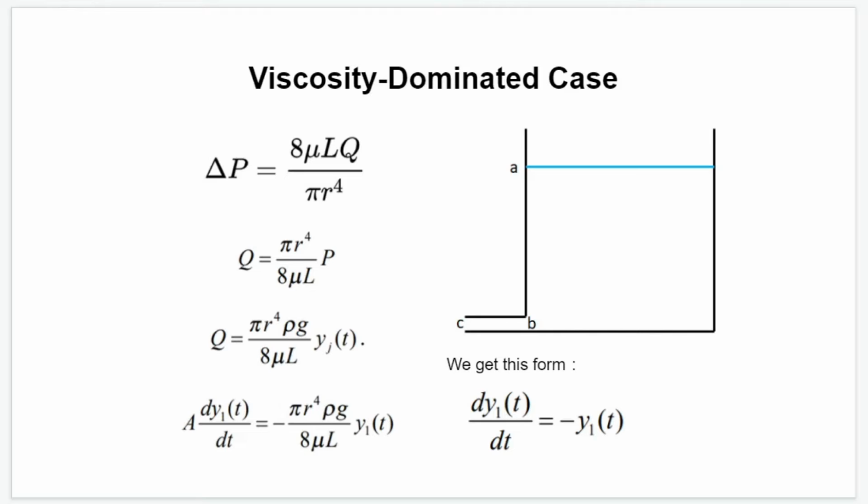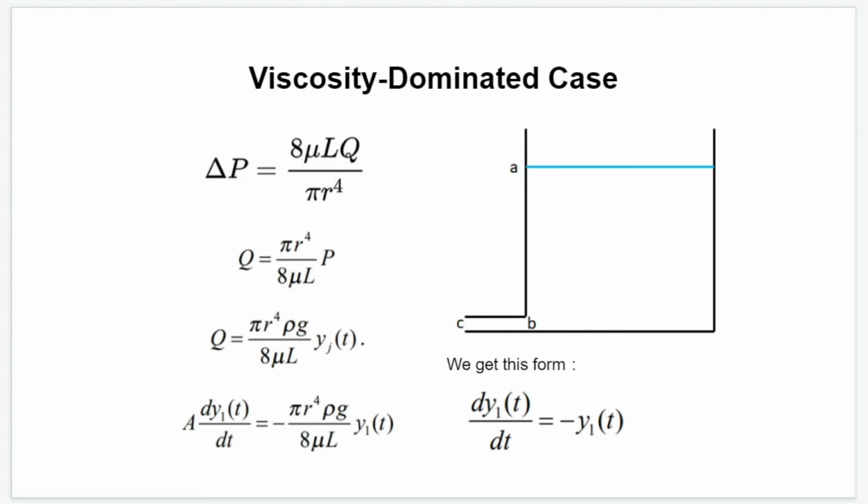Hagen-Poiseuille's law says that when water flows through a thin tube like this one, its pressure loss depends on the volume flow rate Q, the length of the tube L, the viscosity mu, and the radius of the tube R. The formula looks like this, and then we adjust it to this form.